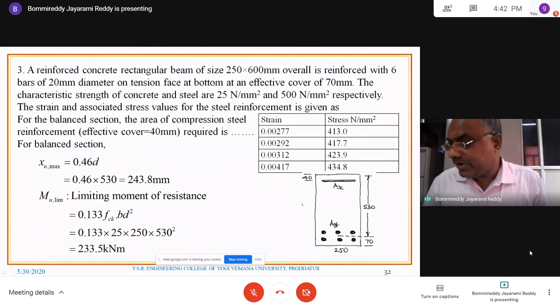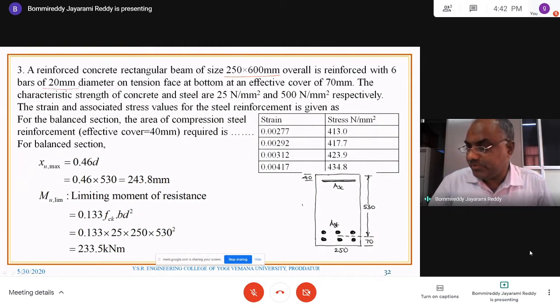A reinforced concrete rectangular beam of size 250 by 600 mm overall. You can look at 250, overall is 600, is reinforced with 6 bars of 20 mm dia on tension phase, at an effective cover of 70 mm. You can look at 70.